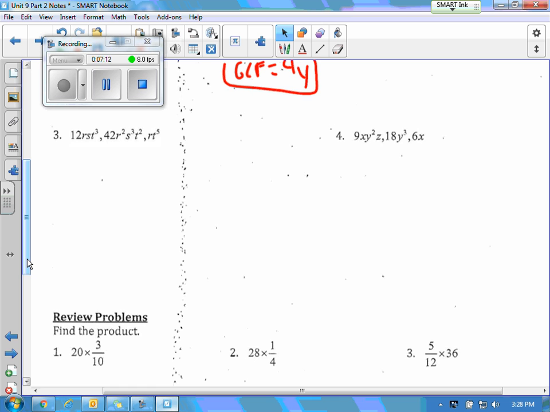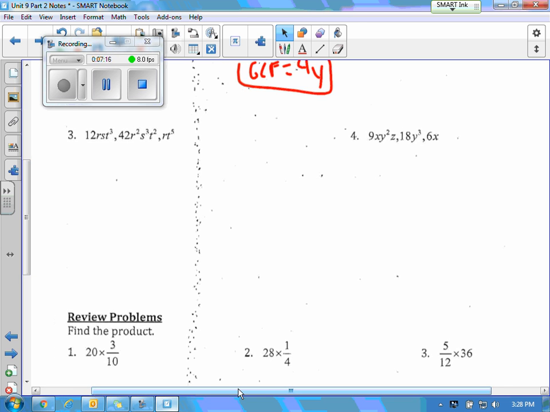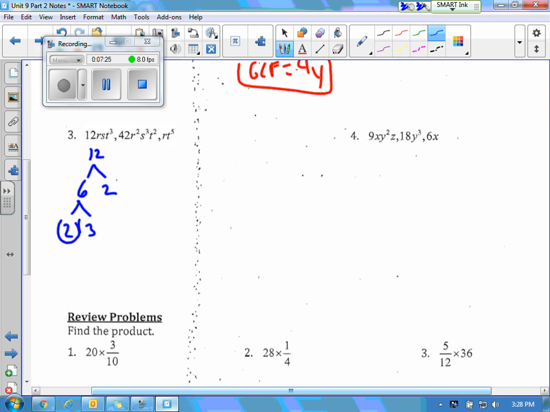So number 3, we're going to do the same thing we've always done. We're going to start by factoring out the number parts. Now I'll tell you a shortcut when we get to the end of this one, but just for practice sake, I'm going to factor out the numbers. Now if you look, when I get to the third one, my first one, my second one, my third one, I don't have a number part.